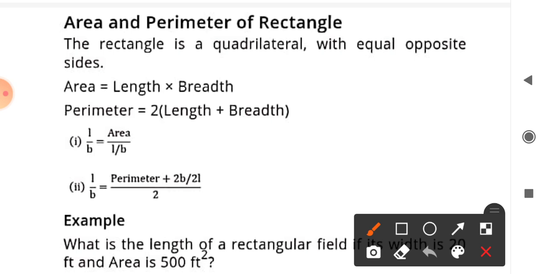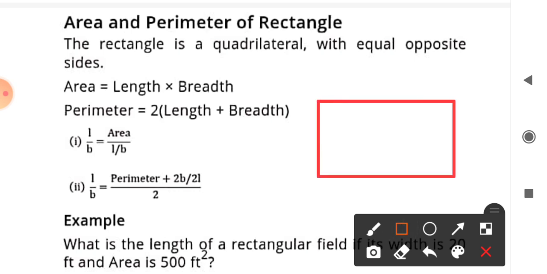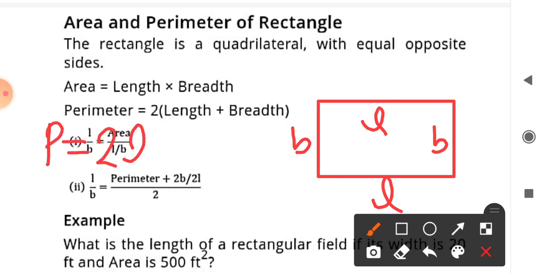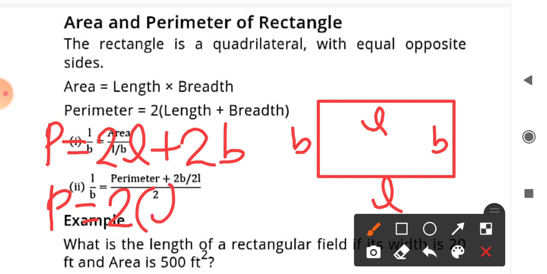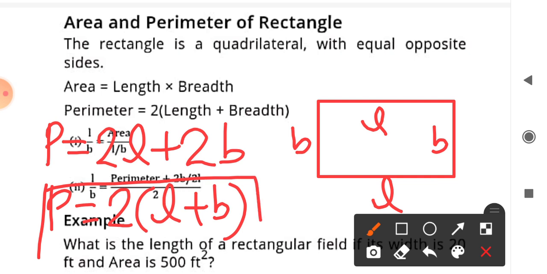Take a rectangle with length L and breadth B. If one side is breadth B, the opposite side is also B, and the other sides are L. Perimeter P is the sum of all sides, that is twice L and twice B. So perimeter is equal to twice the sum of length plus breadth, L plus B. This is the formula for finding any rectangle's perimeter: perimeter of rectangle is equal to 2 times (L plus B).